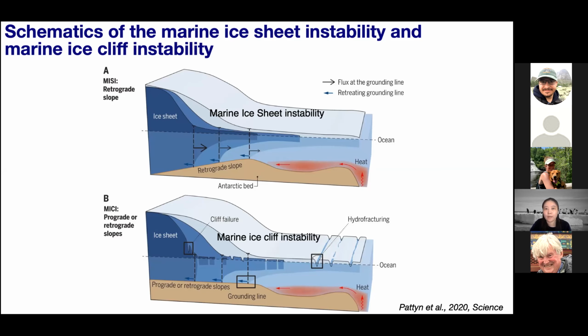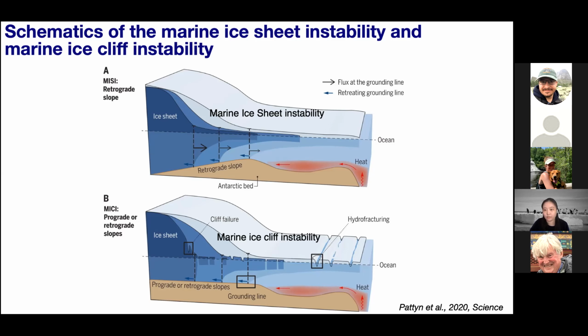More recently, the hypothesis of marine ice cliff instability has emerged, proposing that ice cliffs become unstable and collapse if the ice cliff is higher than 90 meters above sea level, which can facilitate the rapid retreat of ice sheets. The cliff instability is favored by a process called hydrofracturing, which is due to the increase of water pressure in surface crevices.